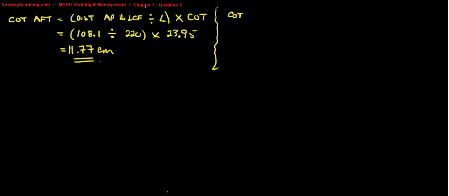Now for our change of trim forward, it's going to be our distance of the forward perpendicular to the longitudinal center of flotation, and that's divided by your length. And this is multiplied by your change of trim. So again, we need to calculate the distance from the forward perpendicular to your LCF.